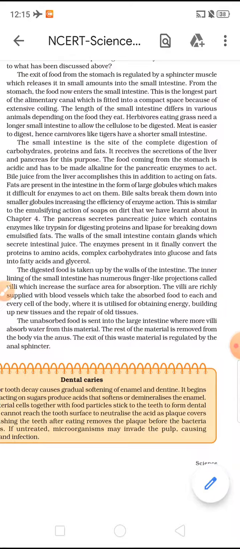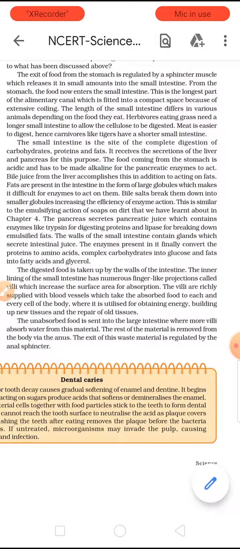So a neutralization of the food should be done before digesting it. The first preference of the small intestine will be neutralizing the food from the acidic medium to the normal medium. And how will they do it? By adding alkaline. Secondly, they will digest the food.